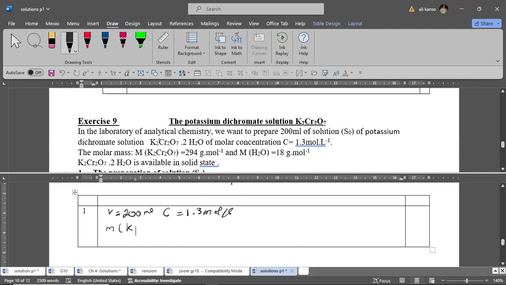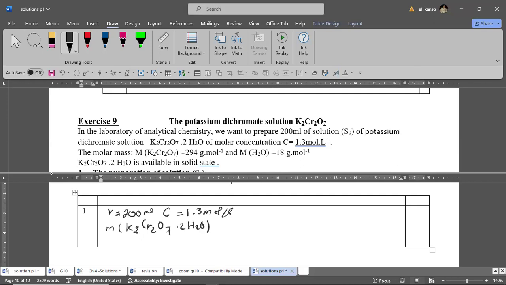You have to calculate the mass of K2Cr2O7.2H2O.